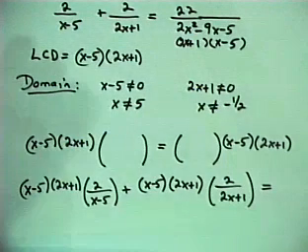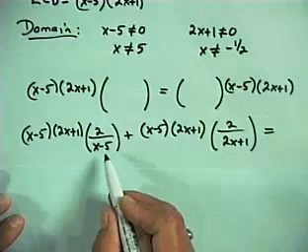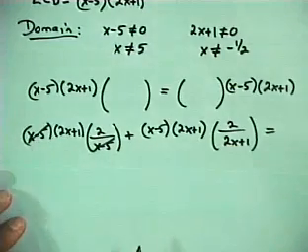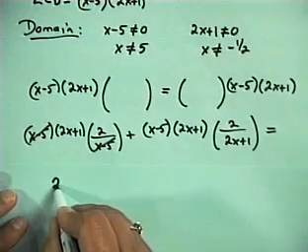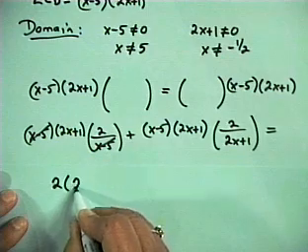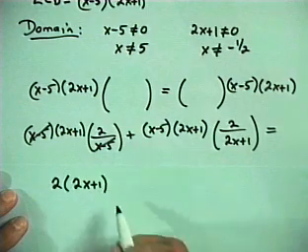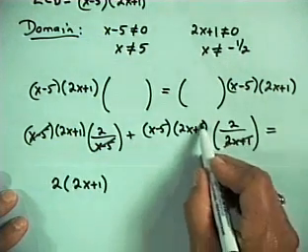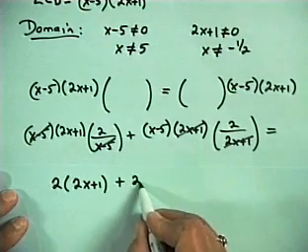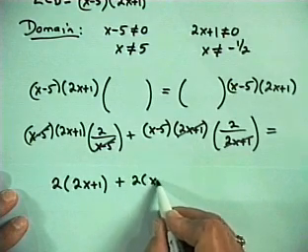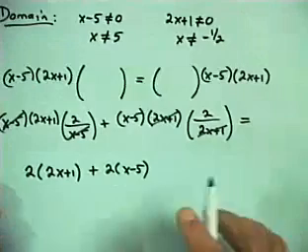Let's go ahead and simplify the left-hand side of the equation. For the first term, notice that x minus 5 cancels out, and the only thing that we have left over is 2 times 2x plus 1. For the second term, the 2x plus 1 cancels, and the only thing we have left then is 2 times x minus 5. Now, let's consider the right-hand side.